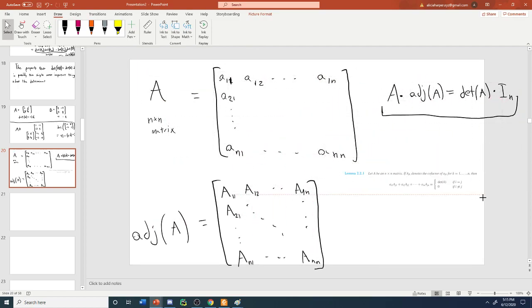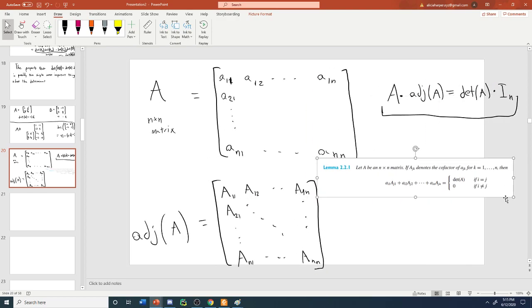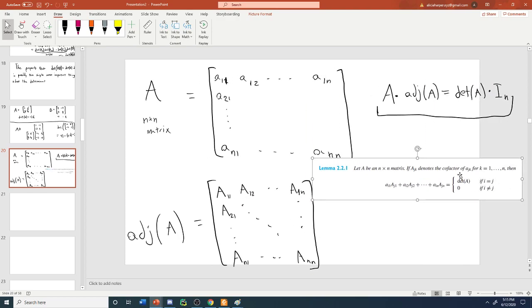So lemma 2.21 tells us that if we look at this sum of A_i1, A_j1, and so on, this sum will be equal to the determinant of A if i is equal to j, and 0 if i is not equal to j. But here's the key fact.